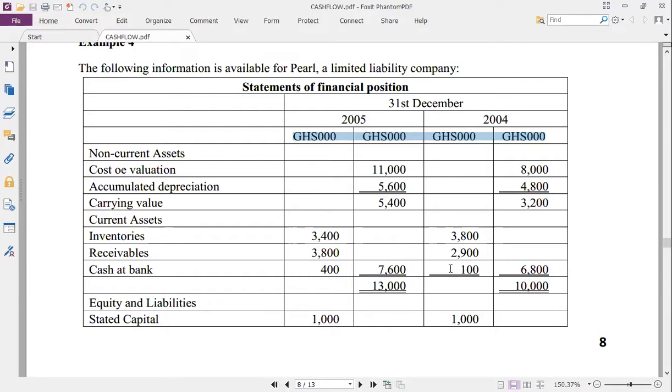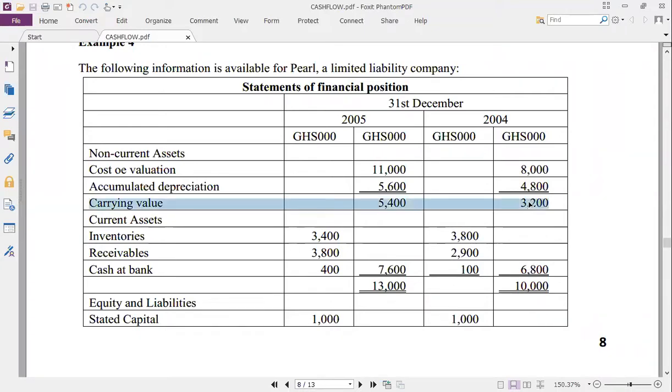So if you check the current assets, the inventory figure for 2005 is 3,000, receivables is 3,000, cash at bank is 2,400, giving us a total of 7,600. The same thing applies to the 2004 opening balance, giving us a total of 6,800.